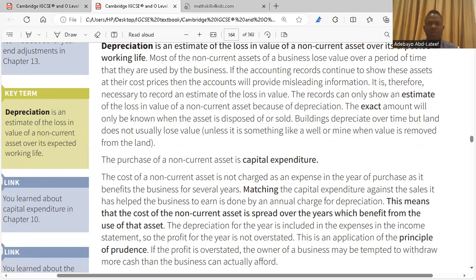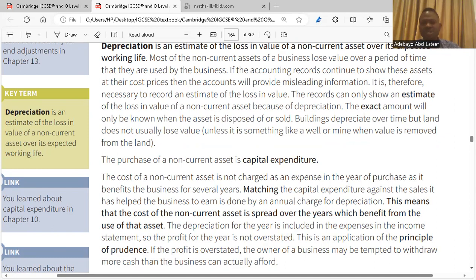So most of the non-current assets of the business lose value over the period of time that they are used by the business.